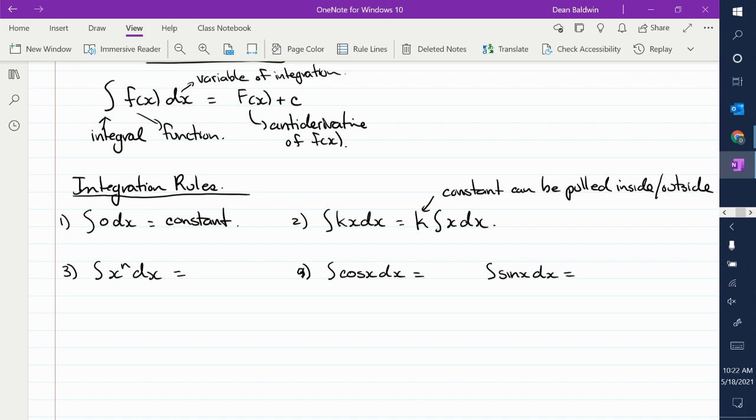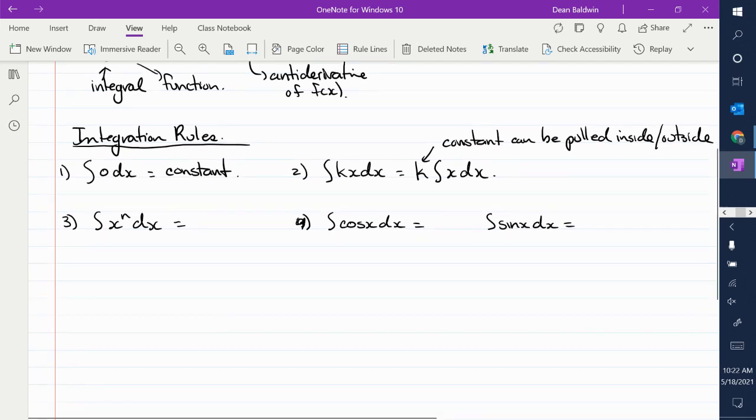We'll do 4, the trig ones, and then we'll come back to 3, because that's like the big thing that everybody needs to remember. So if I said, what is the antiderivative of cosine, i.e., the derivative of what gives me cosine? Sine x plus c, right? So if I take the derivative of sine x, I get cosine.